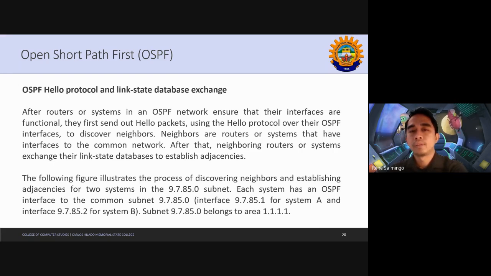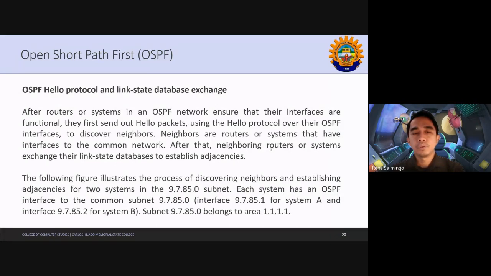Hello packets allow you to communicate with neighbors, and neighbors are routers or systems that have interfaces to a common network. After that, neighboring routers or systems exchange their link state databases to establish adjacencies.